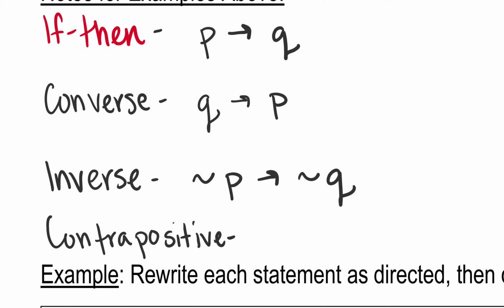So I would do if not Q, then not P. So if-then is just PQ, and again, these are just statements. If statement A, then statement B. Converse, I switch them. If statement B, then statement A. Inverse, if not statement A, then not statement B. And then contrapositive, if not statement B, then not statement A.